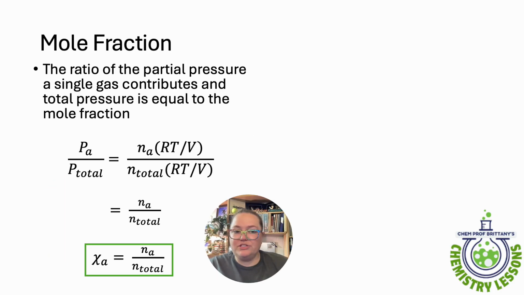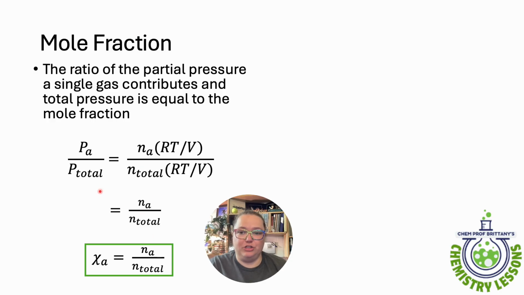Now, we can also do this math using what we call the mole fraction. So the ratio of the partial pressure of a gas to the total pressure of the gas is equal to the mole fraction. So the number of moles of that particular gas divided by the number of moles total, right?